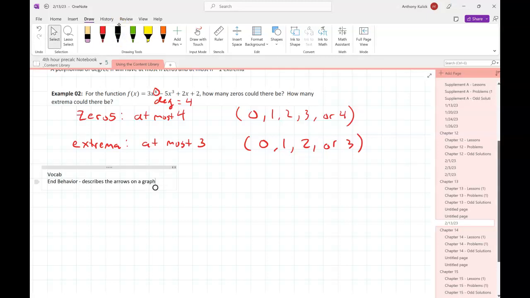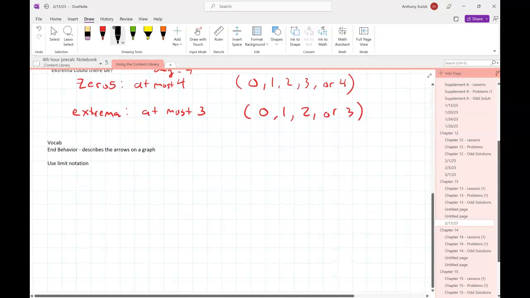So what we're going to be using here, we're going to use a specific notation. It's called limit notation. So let's just kind of do a quick example to show you what limit notation looks like and how to translate a picture into limit notation.